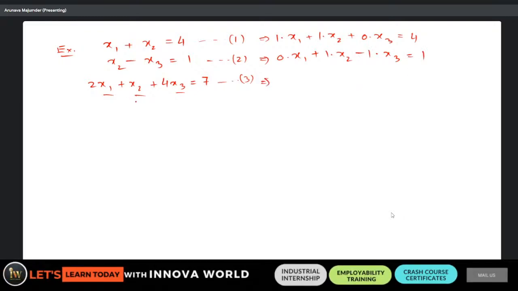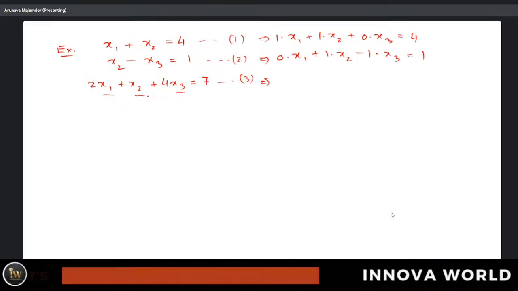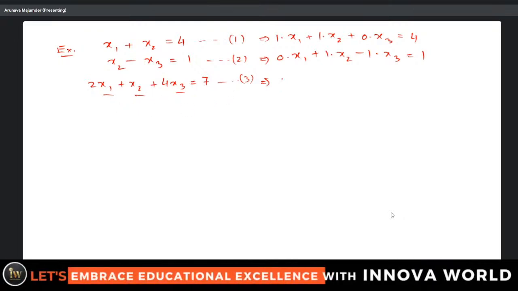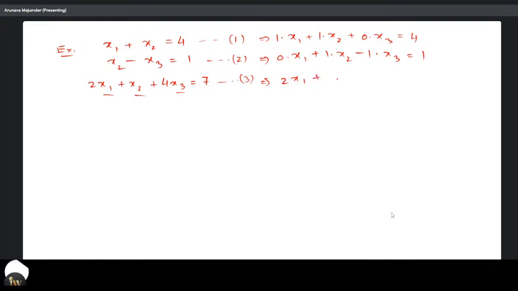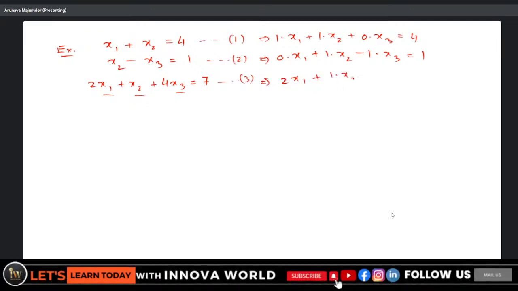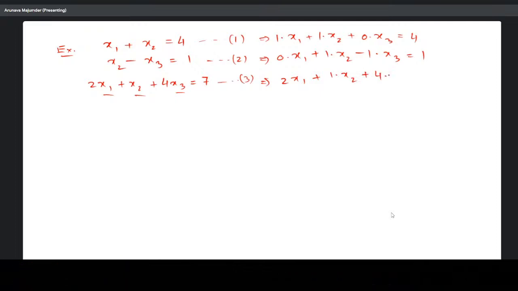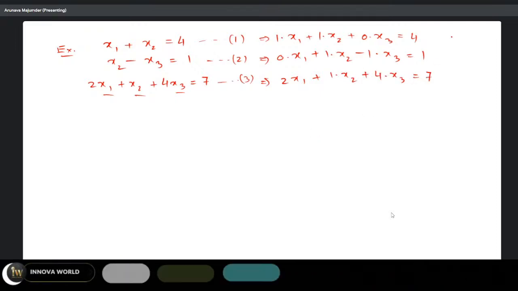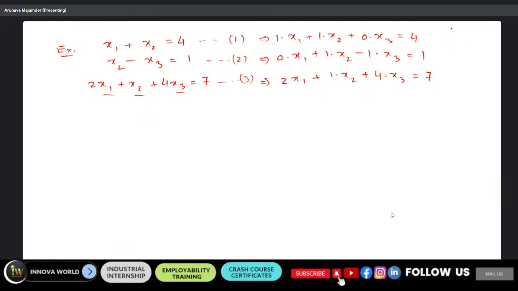The third one, no need to rewrite because all variables are present: 2 into x1 plus 1 into x2 plus 4 into x3 is equal to 7. So this is the system.